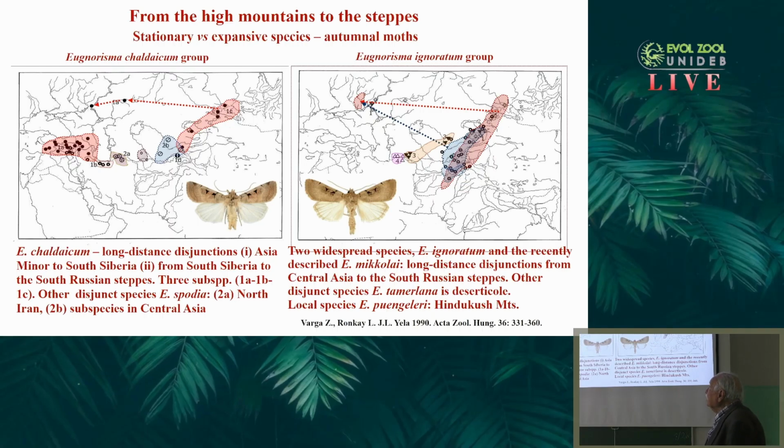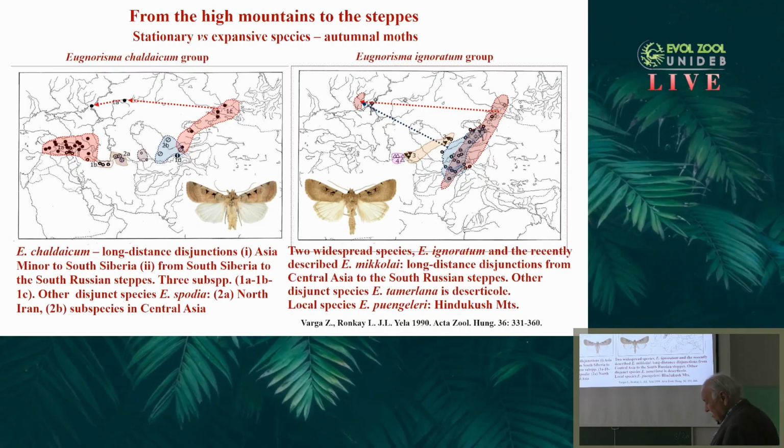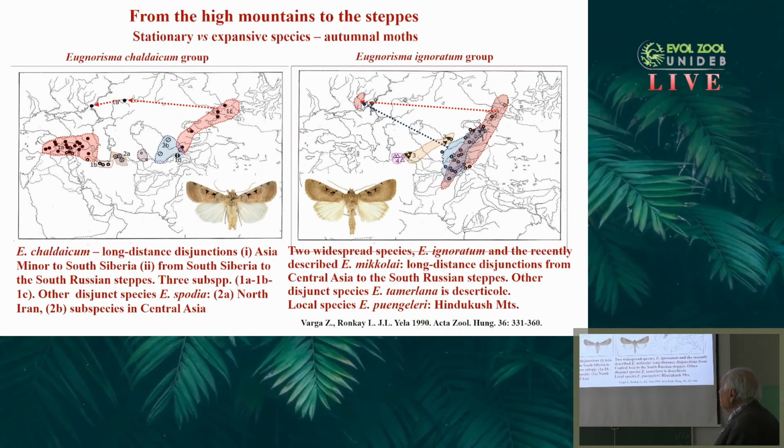We will see another similar example. Another genus, not the Kerzotis, this is the Eugnurhisma.